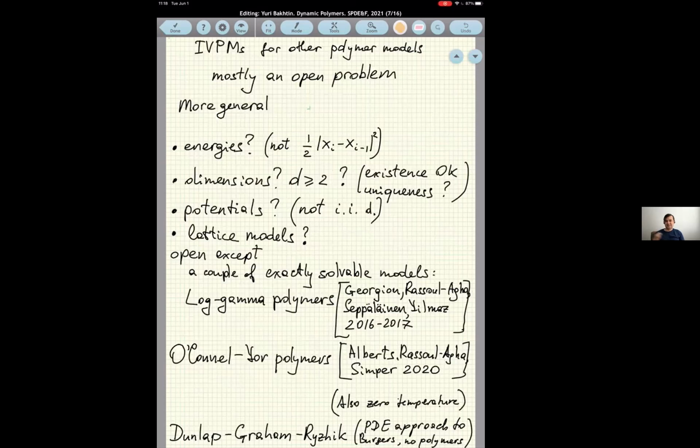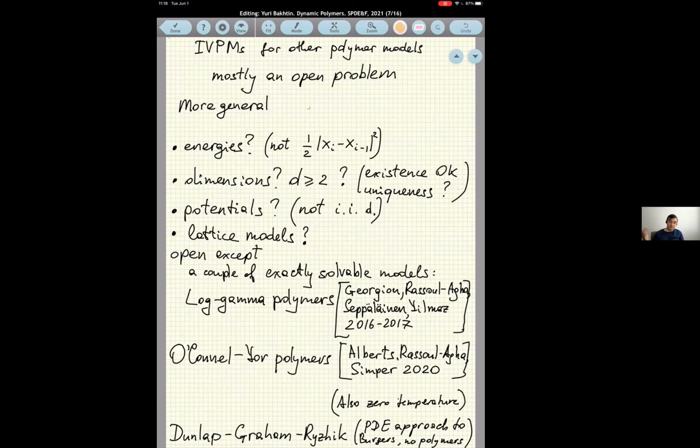In principle, this question can be asked for every polymer model. What happens? Describe the infinite volume polymer measures. There's a bunch of other polymer models that people have been studying, and in principle, you can ask what happens with other energies here.